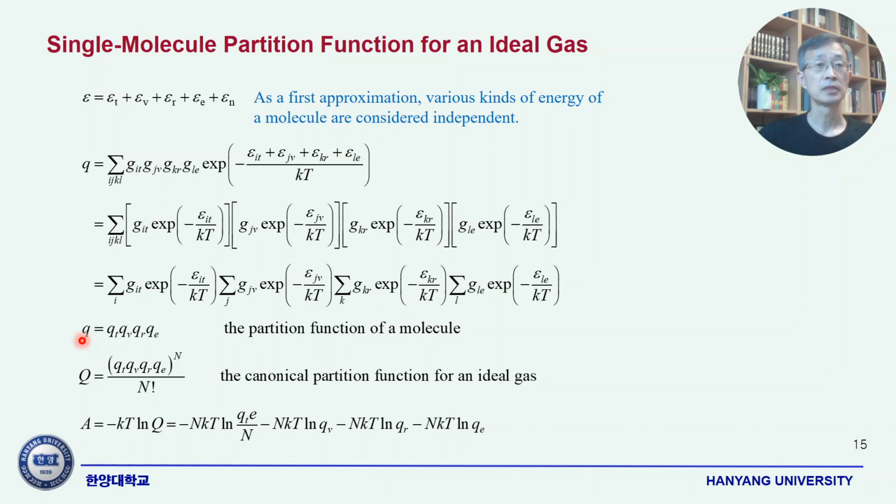And then for the system, there are N molecules. The total number of molecules is capital N. So Q is these separate partition functions for the molecule, Qt, Qv, Qr, Qe, to the Nth power over N factorial. This is the canonical partition function for an ideal gas.